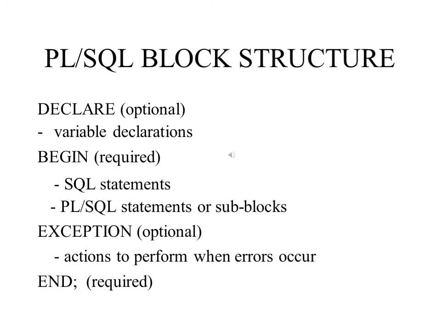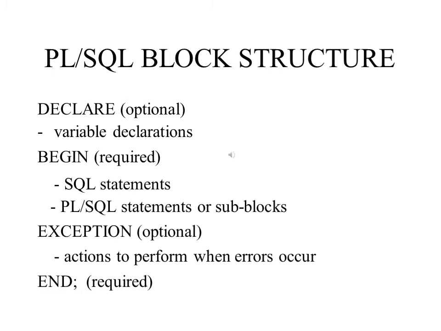A PLSQL block can have a name. Functions or procedures are an example of a named block. A named block is stored in the Oracle database server and can be reused later. A block without a name is an anonymous block.